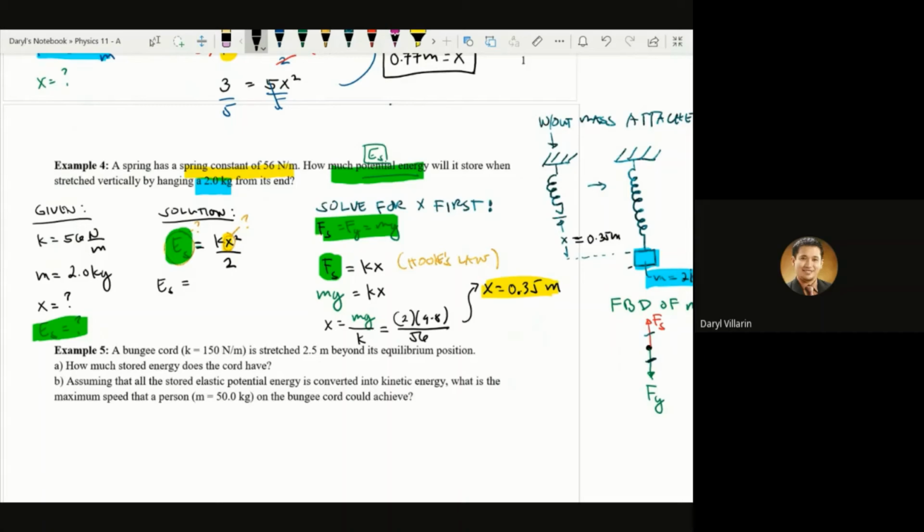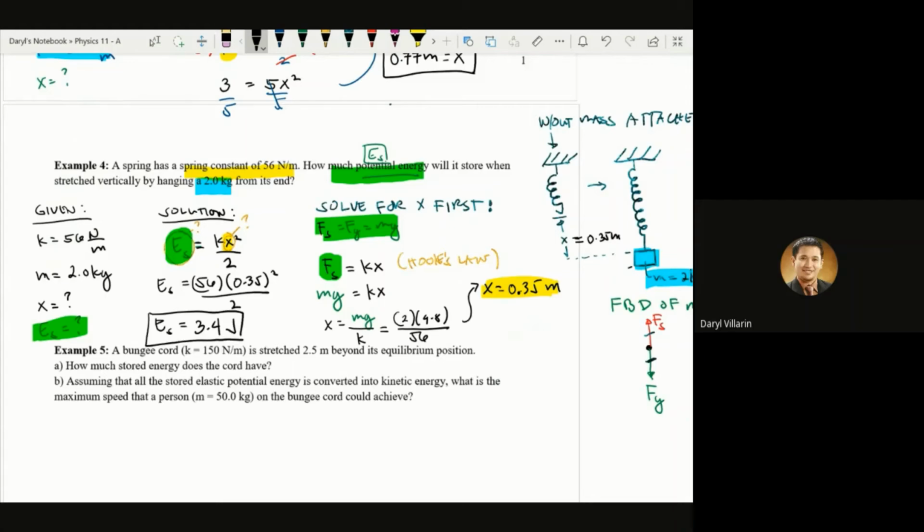So K is 56 times 0.35 squared divided by 2, and that should give you an answer of 3.4 joules.